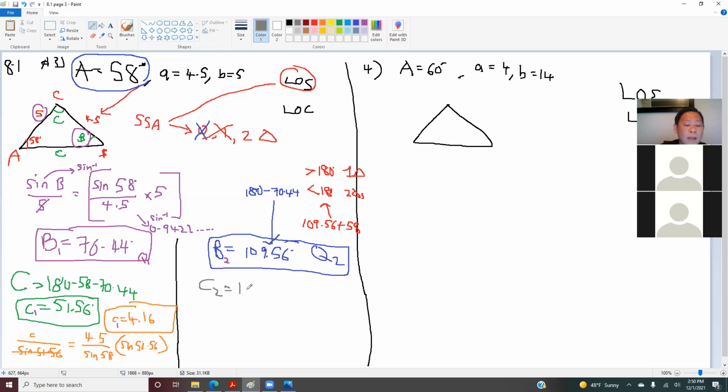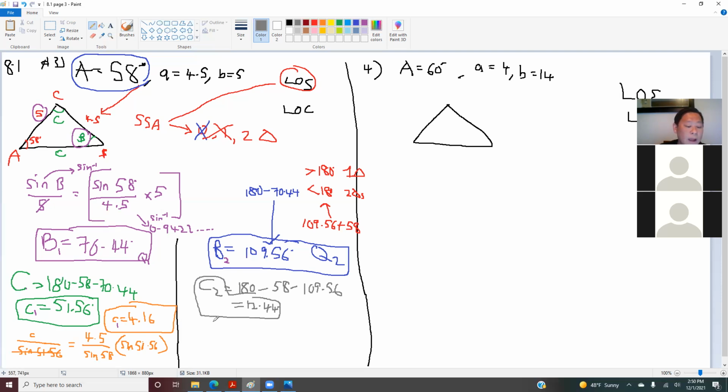You take 180 minus 58 minus 109.56. Very heavy on calculator in chapter 8, so make sure you have your calculator ready. So this is 12.44 degrees. So this is angle C2.